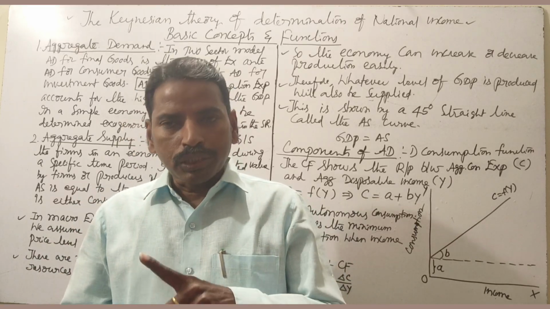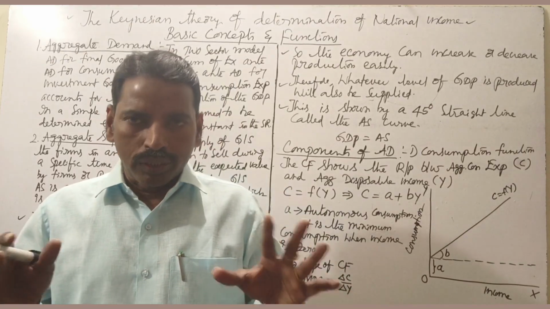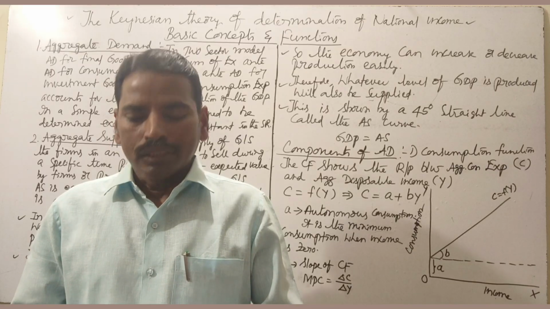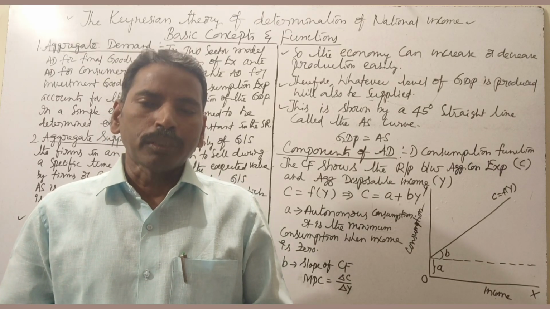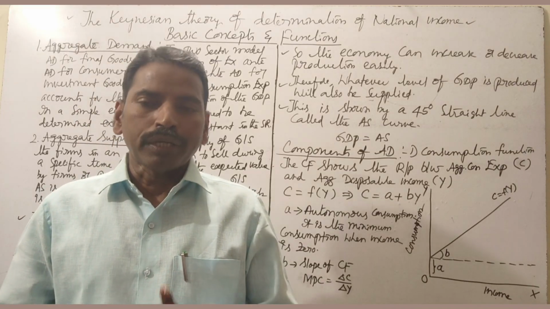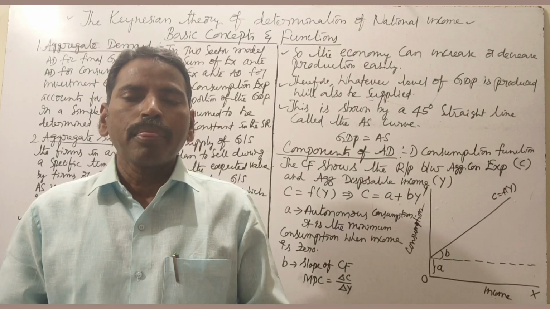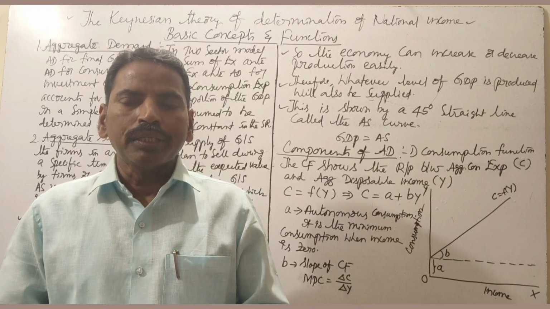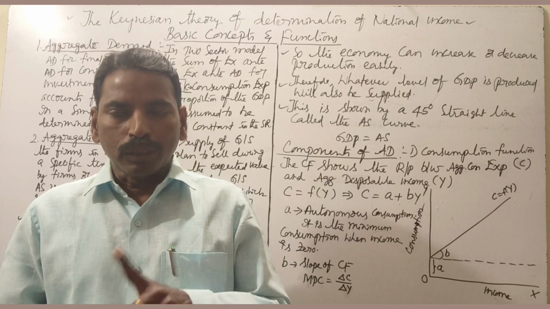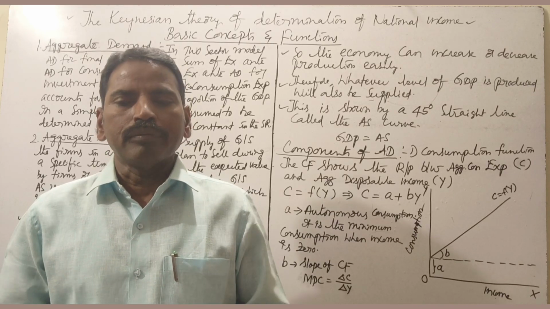The basic concepts of Keynesian theory in two-sector models are: first, aggregate demand; second, aggregate supply; third, components of aggregate demand and components of aggregate supply; fourth, income consumption function or income saving function.